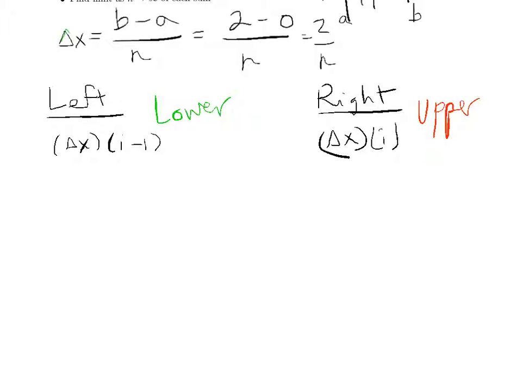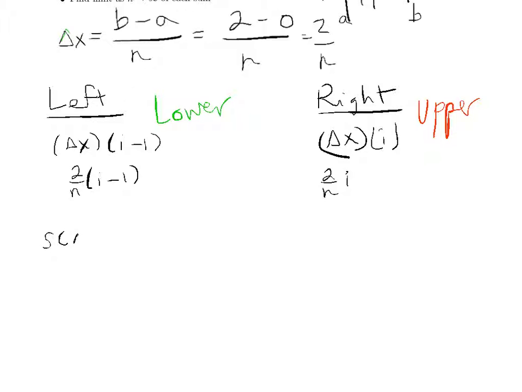All right, so now we have our delta x, our width of each one. We have our expressions for each endpoint, which let's go ahead and plug in. Delta x is 2 over n, so this is 2 over n times i minus 1, and 2 over n times i. So now, our lower sum is going to look like this.